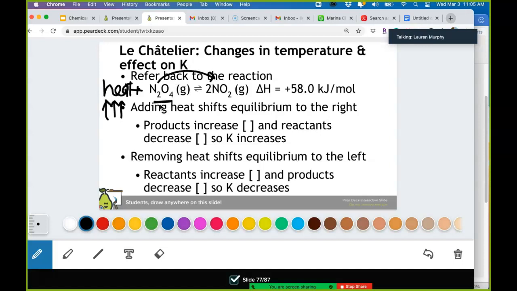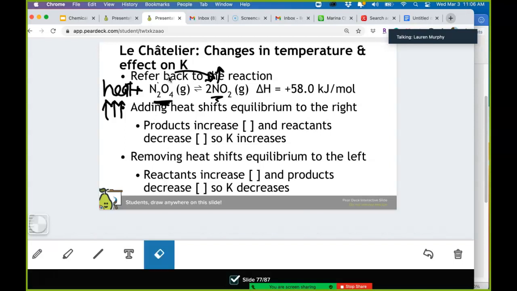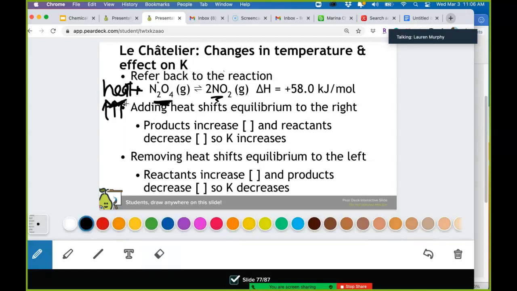Notice I didn't mess with either of these. I only messed with heat. In the one with the 3 beakers, I messed with some of the substance. So when I did those, I added NO2, so there was more in there, which allowed me to make more of this, but this to drop back down. I'm not messing with those at all. They inadvertently get messed with when I mess with heat, but if I added the NO2, I'd have extra NO2 in there to turn into this so they can change respective to one another.